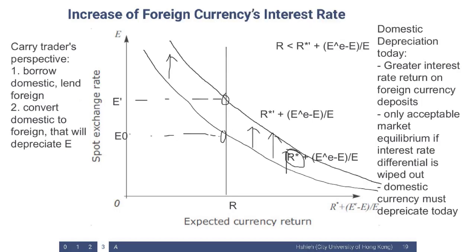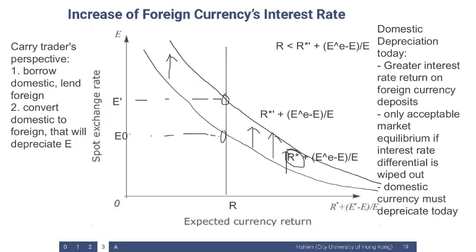All right, so suppose there's an increase in foreign currency interest rates. So that means we are changing this term here. So how does the curve move, if it does?